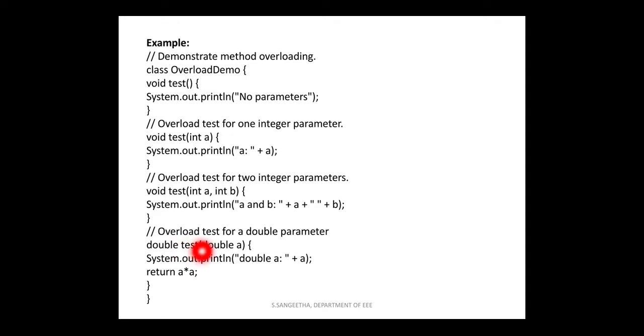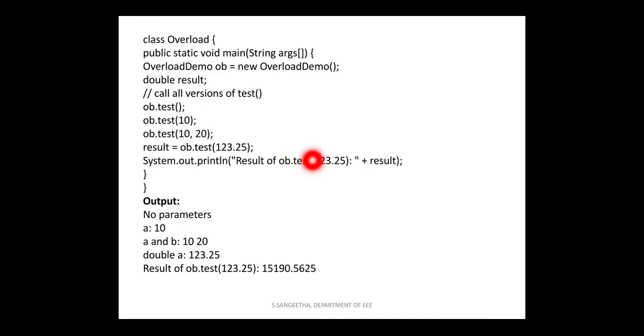Here the formula is a into a, meaning 123.25 into 123.25, where the value of a is 123.25. So the result will be the square of 123.25, and that value will be 15190.5625. The values will be displayed like this.